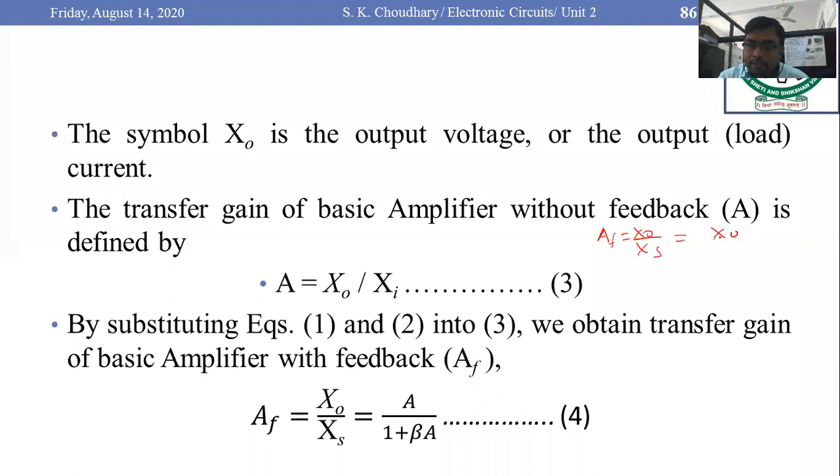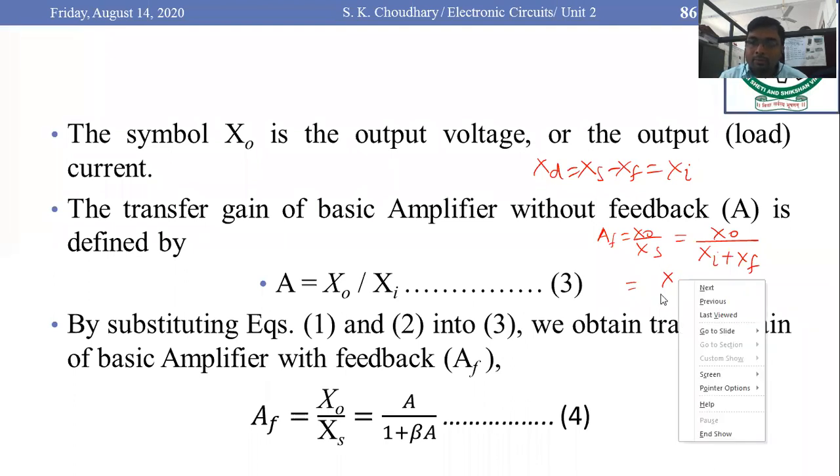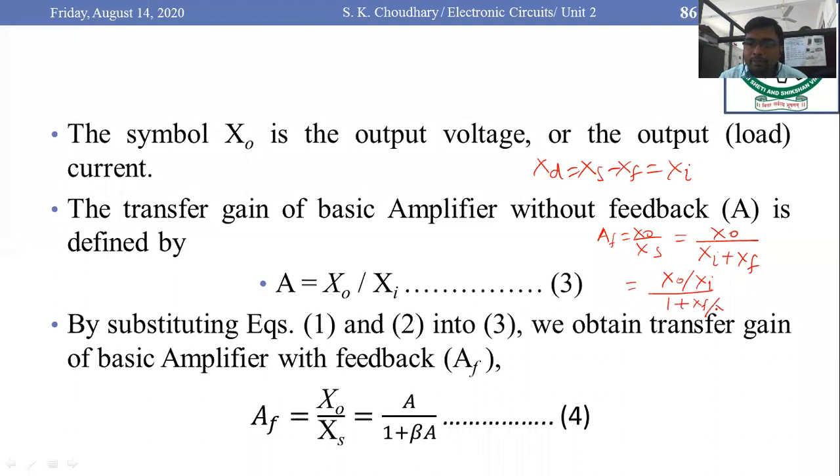Simply you have to write XS as Xi plus Xf. We have already defined Xi is equal to Xs minus Xf, so Xs could be written as Xi plus Xf. Now divide the numerator and denominator by Xi. So you get 1 plus Xf upon Xi.